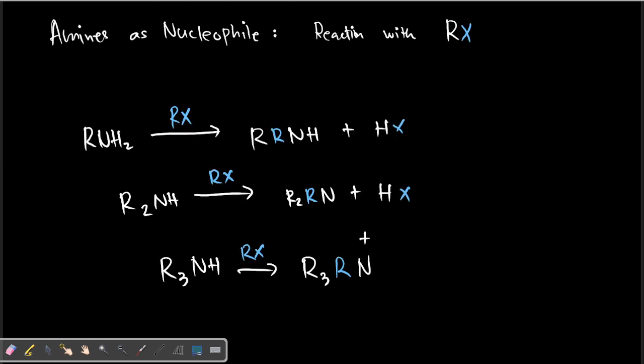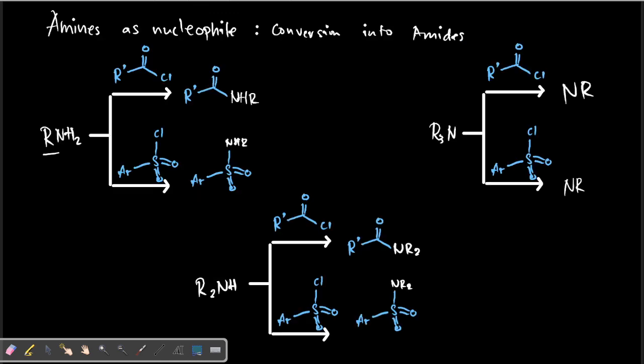Also, we have here this reactions of amines with nucleophile. We are just replacing our hydrogens with the R group na present dun sa ating alkyl halide. So this is amines reacting as a nucleophile na pinare-react natin siya sa ating alkyl halide.